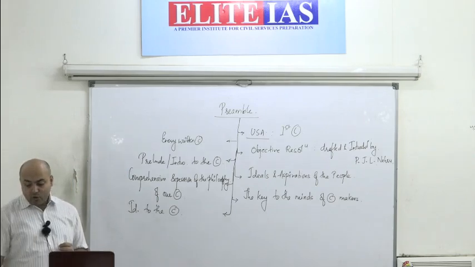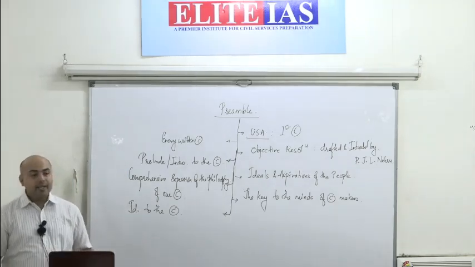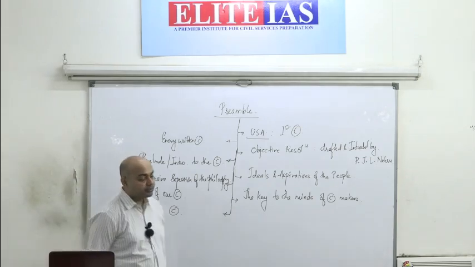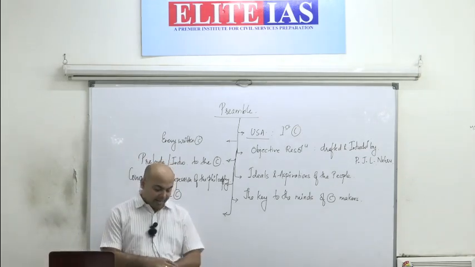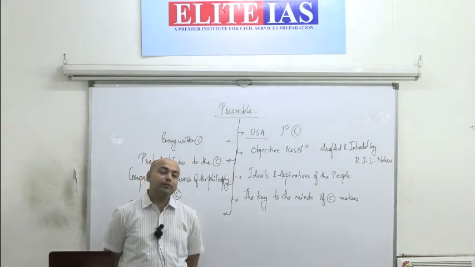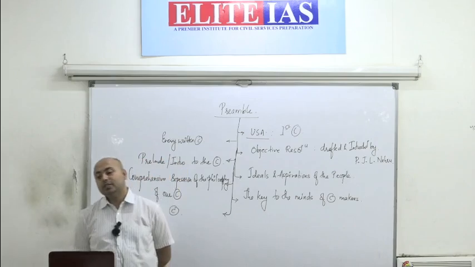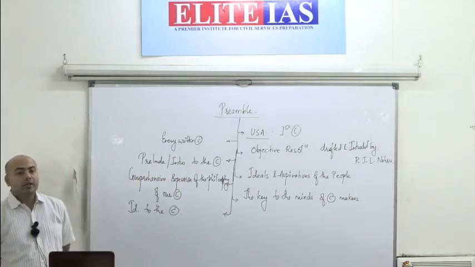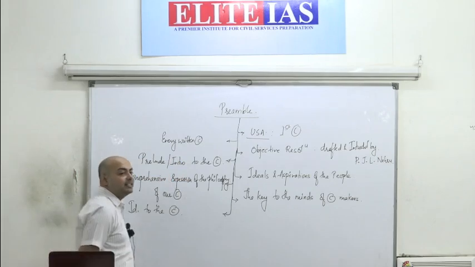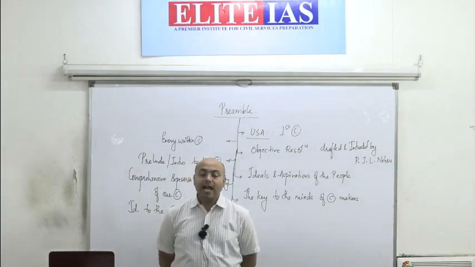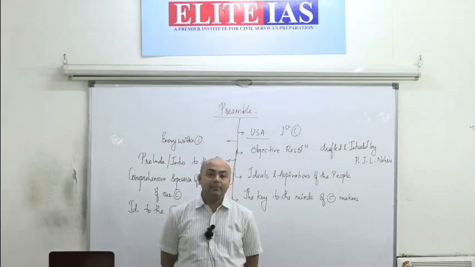it cannot override any specific provisions of the constitution, which means suppose there is an inconsistency between what has been mentioned in the constitution and what is written in the preamble.